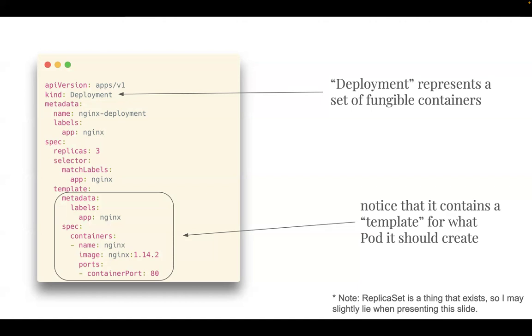That's what this is. As you can see, inside the deployment object there is the contents of the pod object, because the deployment object needs to make the pod object. So it needs to know what the pod object should look like.